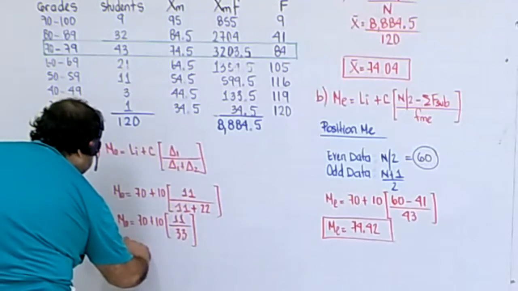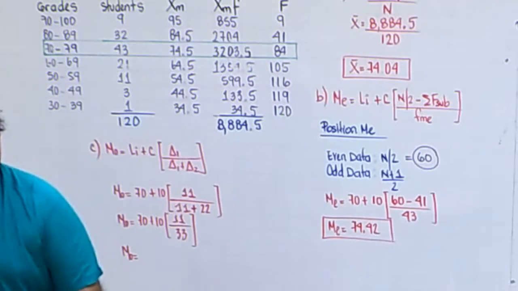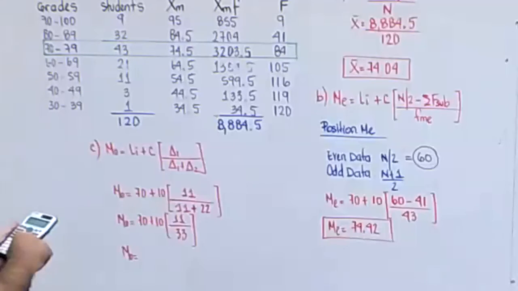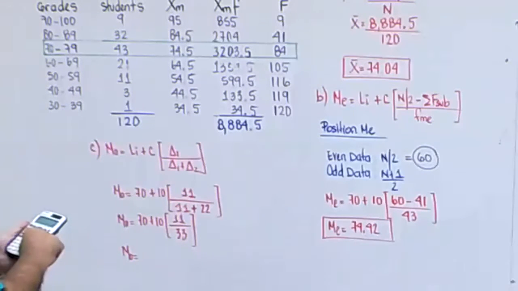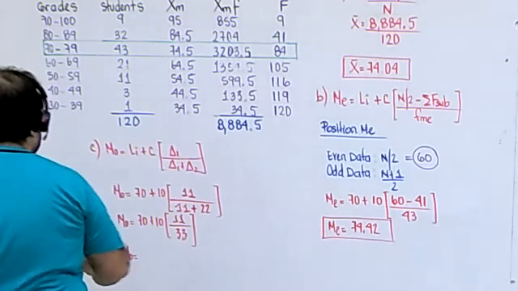Okay, perform this operation in your calculator. That will be 10 times 11 divided by 33 plus 70. And the answer will be 73.33.